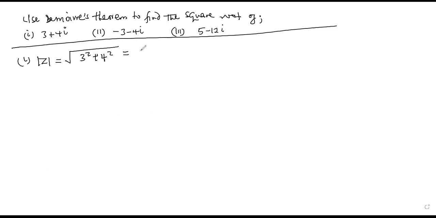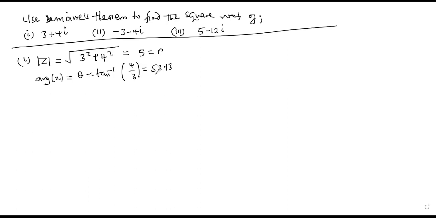This is 5, and this is the same as our r. So our r is 5, and the argument of z, which is equal to theta, is the tan inverse of y over x, which is 4 over 3. And this is equal to 53.13 degrees.